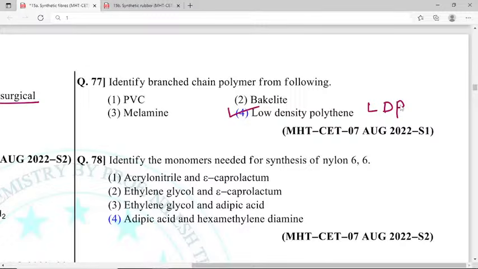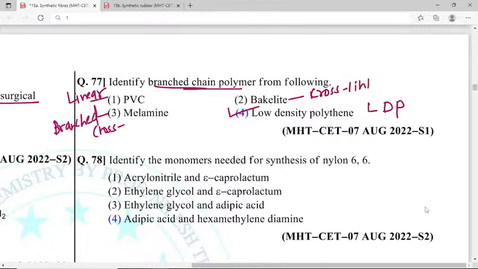LDP stands for low density polythene. PVC is linear. Melamine is a branched chain polymer. Bakelite is branched or cross-linked. It is also called cross-linked. So this is cross-linked actually. Bakelite is also a cross-linked polymer. So this is your answer.